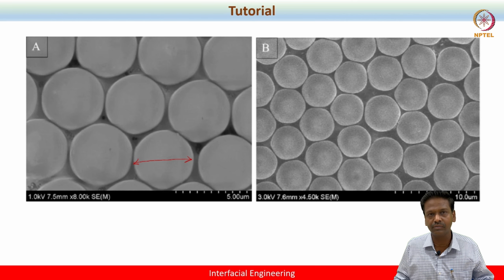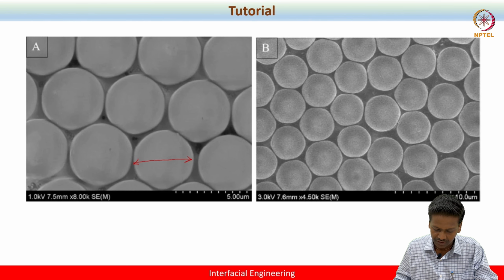So now we'll move on to a small exercise. We'll try to do some small exercise in this tutorial. Let's say we have scanning electron microscopic images, and what you see here are silica particles. There are a number of silica particles, and you can see the scale bar at the bottom of this image, which says that the scale bar of this length is 5 micron.